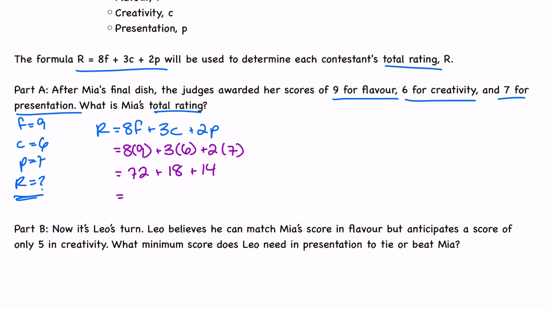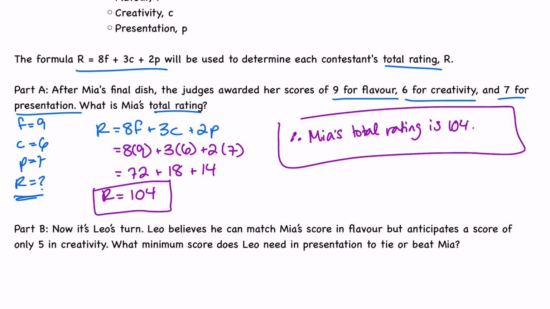Adding these all together, we get 104 for her total score. So we can write a therefore statement. Therefore, Mia's total rating is 104.